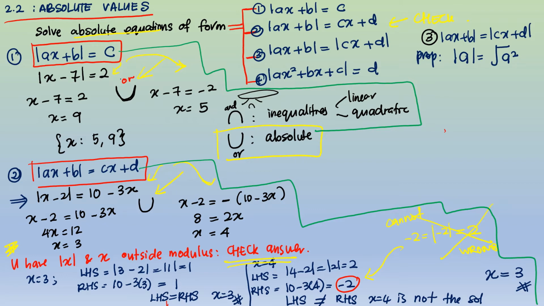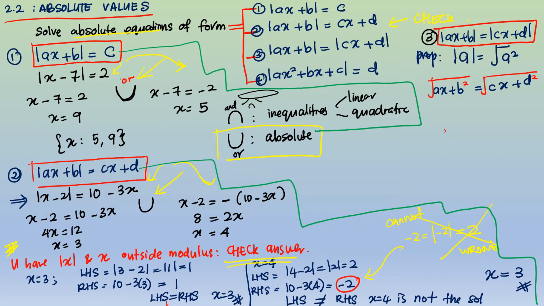So we will use this on our form of absolute equation. Because you have modulus on both sides, you change it into ax plus b here and cx plus d there, with the modulus changed into square root and square, and then you solve your equations.